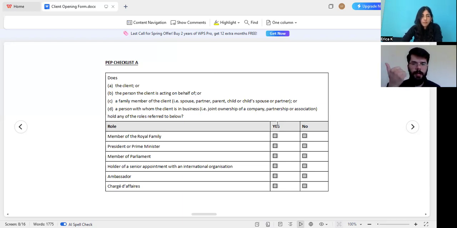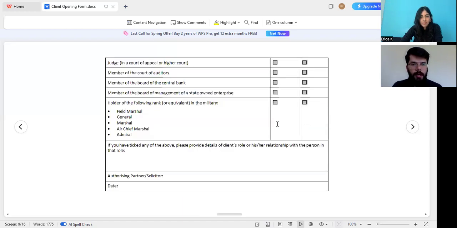Member of the royal family, president or prime minister, member of parliament, holder of a senior appointment with an international organization, ambassador, and chargé d'affaires, or however you pronounce that. And then you need to look at that.